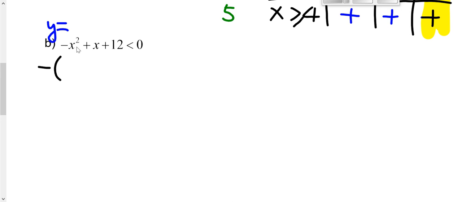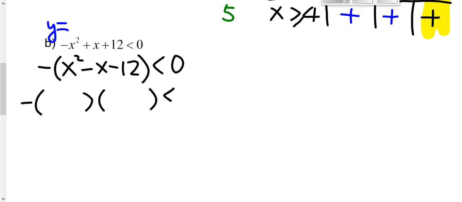Divide this by -1, that gives you x squared. Divide this by -1, that gives you negative x. Divide this by -1, that gives you -12. And we want to find out which part or parts of this graph would be less than 0, i.e. when y is negative. So now we can do the factoring.